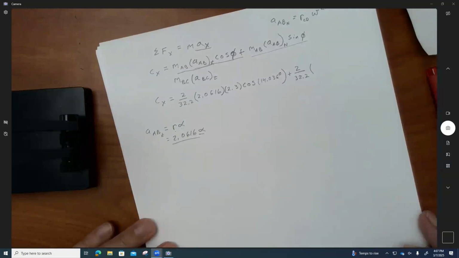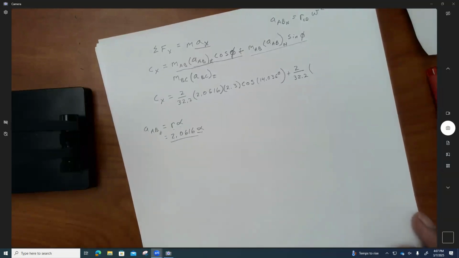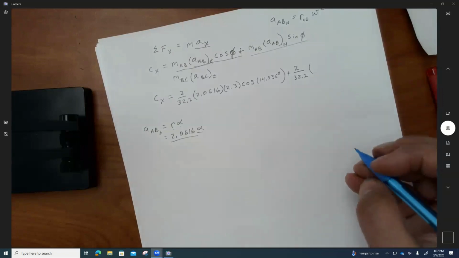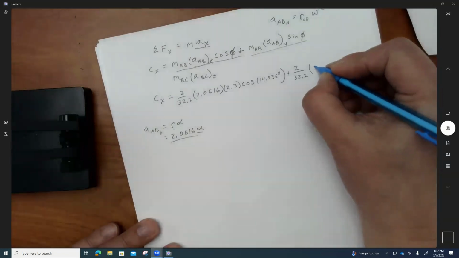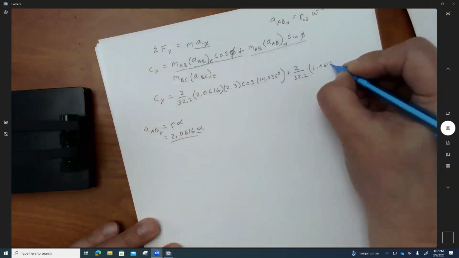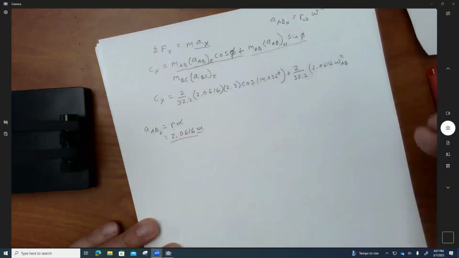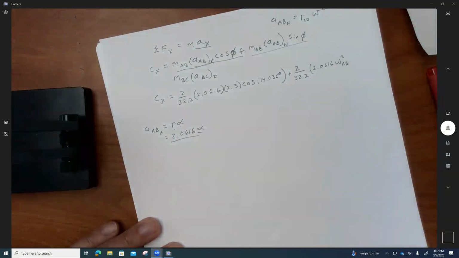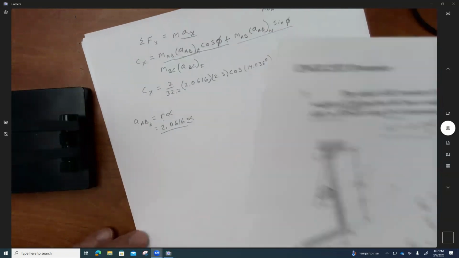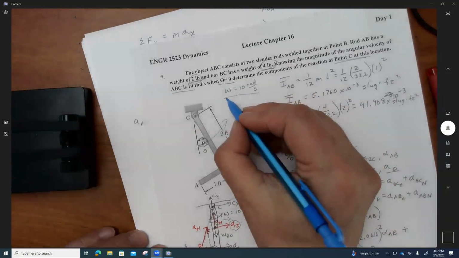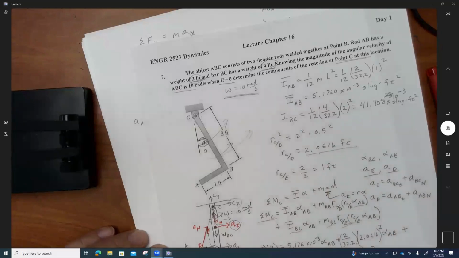Let's put it into our equation, and we're going to have R, 2.0616, and omega squared AB. Were we given information on omega? Yes, we have omega.